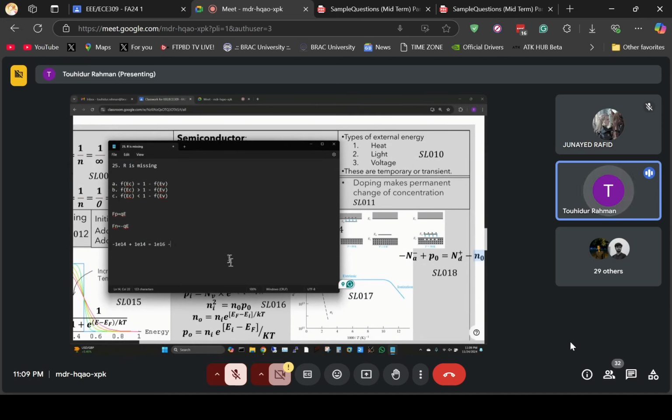How many electrons do we have? Minus 10 to the power 16. The minus sign comes because of the charge, but the total number is 10 to the power 16. So you can see on both sides, 0 will be equal to 0. Now we have charge neutrality.